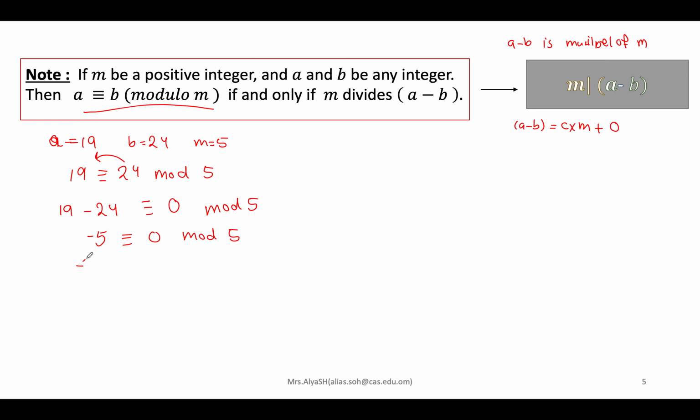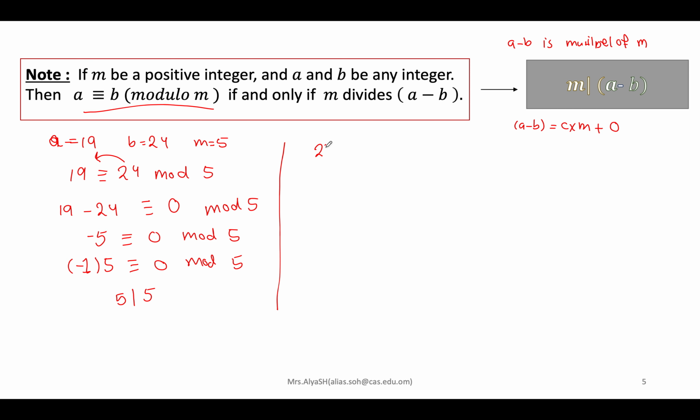So we got minus 1 times 5 is congruent to 0 mod 5. And if you notice here, 5 divides 5. So when I divide 5 by 5, I get the result as 1, no fraction point, which means there is no remainder.